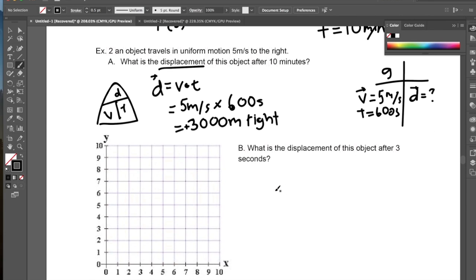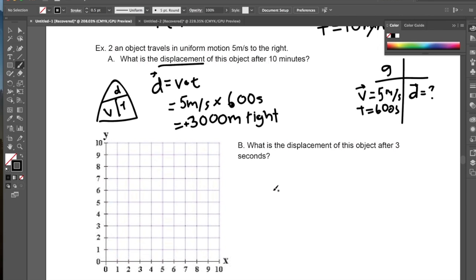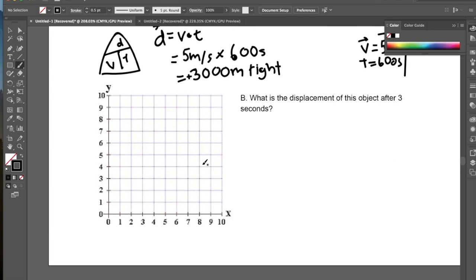In this case, we want to find the displacement of this object after 3 seconds. If we want to represent this graphically, remember we can make this on a graph, and we can find displacement on a velocity time graph. We know this object is traveling at 5 meters per second, and that's uniform motion.